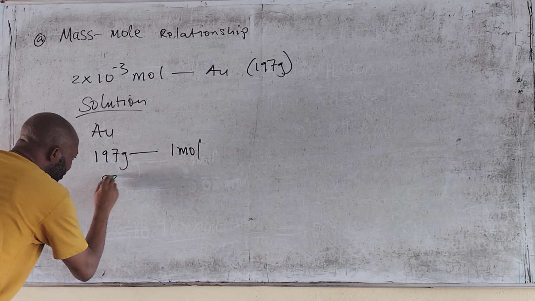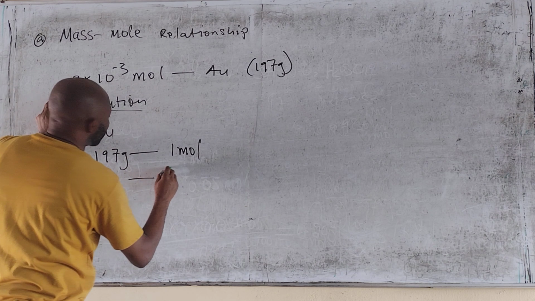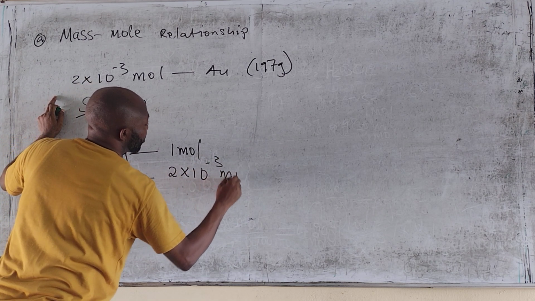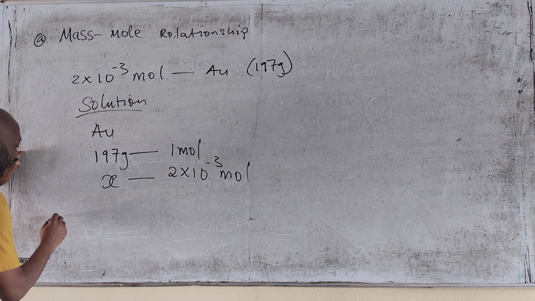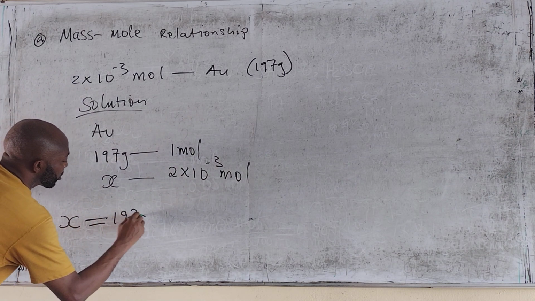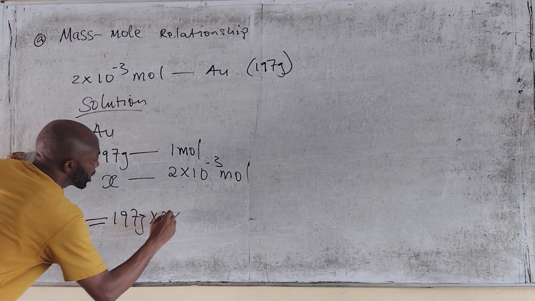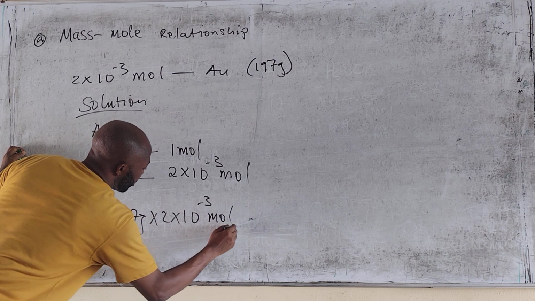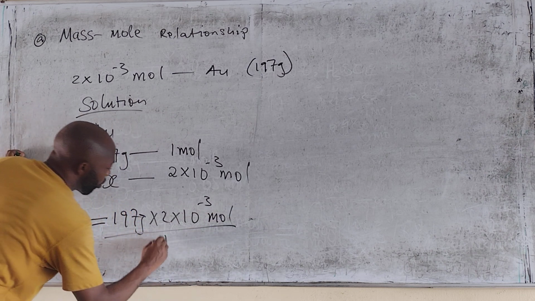How many grams will give us 2 times 10 raised to minus 3 mole? So my X here is equal to 197 grams times 2 times 10 raised to minus 3 mole divided by 1 mole.